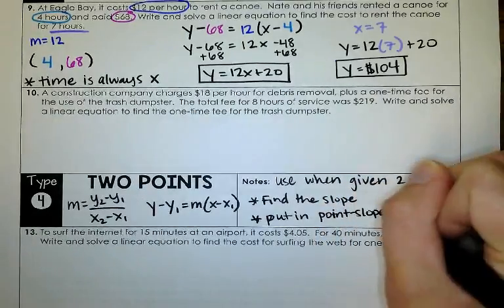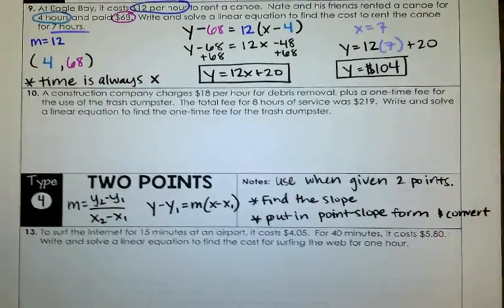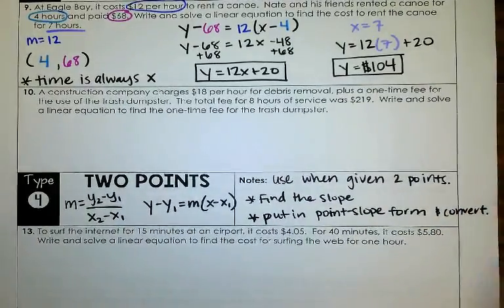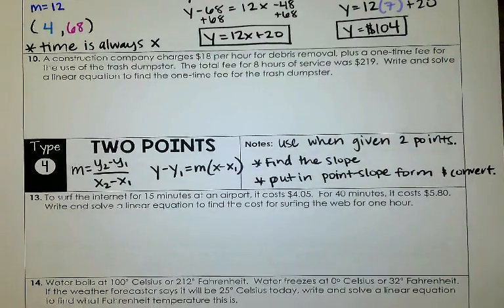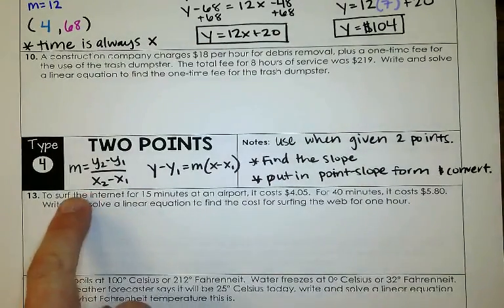All right, you guys feel okay with that? We're going to put in point slope form and convert. So guys, let's look at this. This one's interesting. Okay, first of all, this is such an outdated concept. Okay, to surf the internet for 15 minutes at an airport, it costs $4.05.